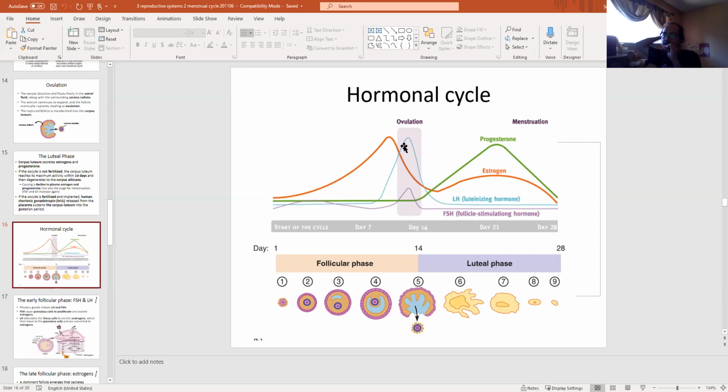It will stimulate the continuation of the primary oocyte's meiosis. Remember that these primary oocytes stay arrested at prophase after birth. So they need to continue, right? From prophase, they will need to become metaphase, anaphase, to at least complete the first stage of this meiosis.